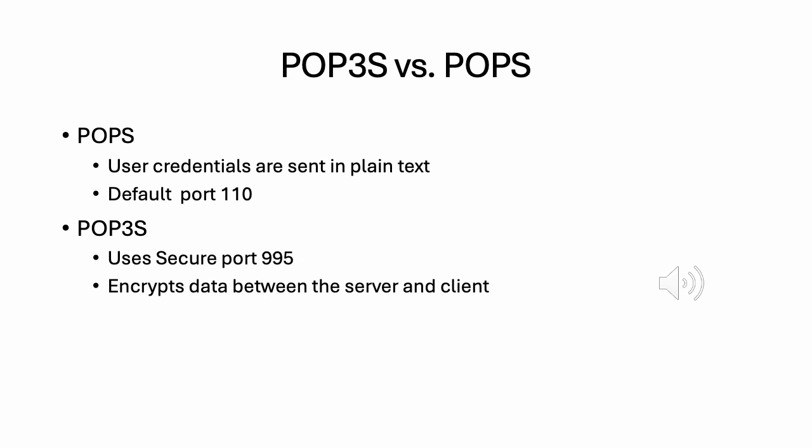In comparison, POP3S encrypts the entire session, preventing unauthorized access and ensuring that email messages stay private. With today's increase in cybersecurity threats, using POP3S instead of standard POP3 is strongly advised.